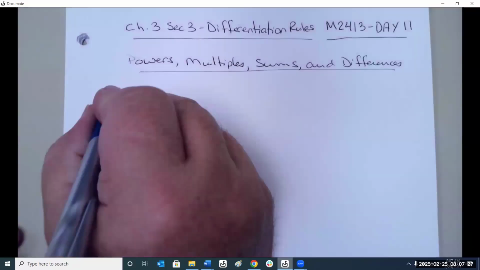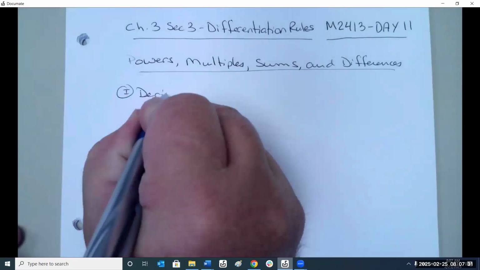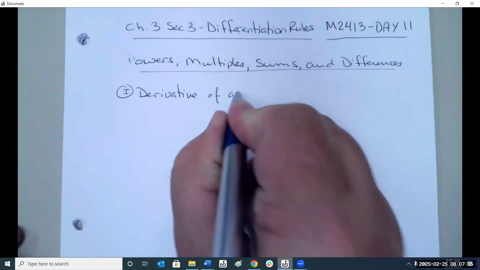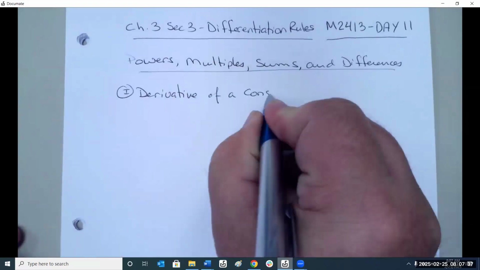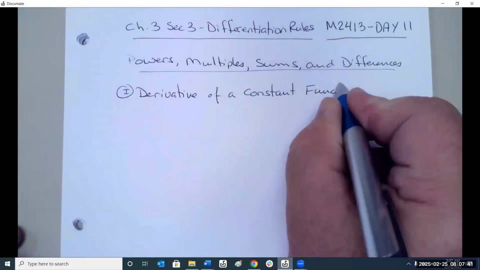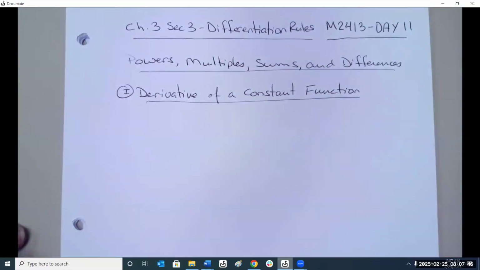The first one we're going to look at is the derivative of a constant function. What is a constant function? What does the graph look like?